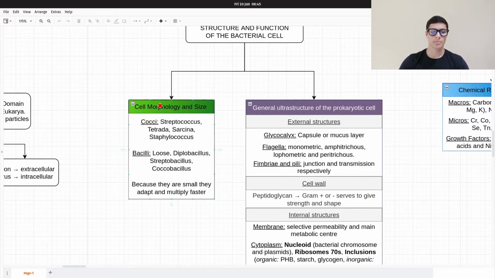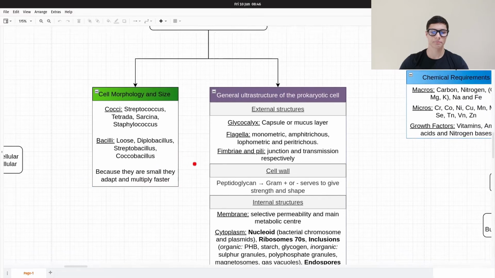And a very important characteristic of these bacteria is that they are very small, and as being small, they are very, very adaptable, and they can multiply faster.